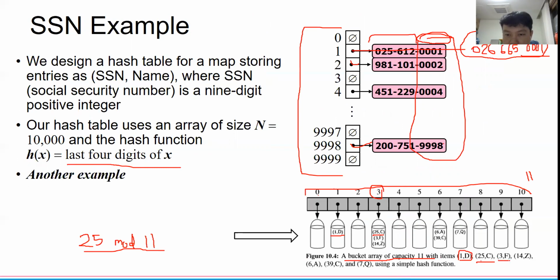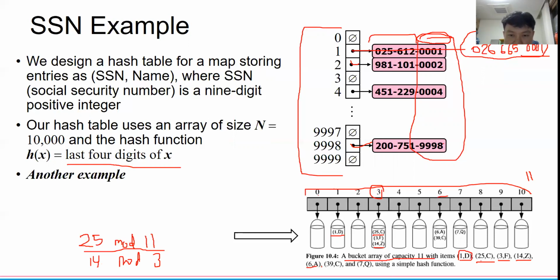What about 3F? I know that 3 mod 11 will be 3. What about 14? 14 mod 11 will be 3. So it is located at index 3. What about 6? 6 is at index 6.